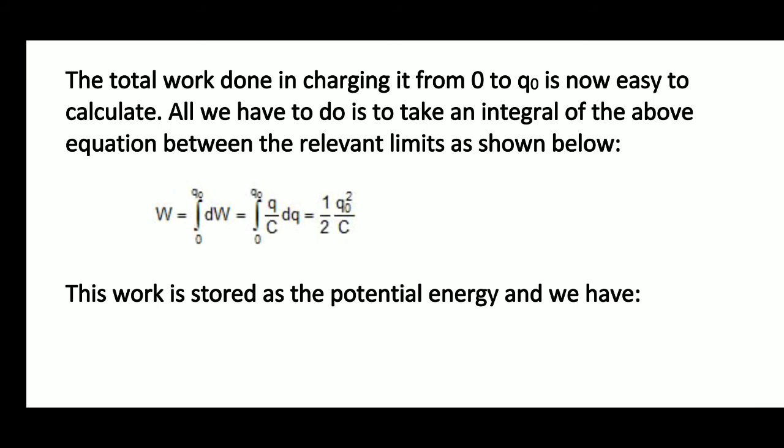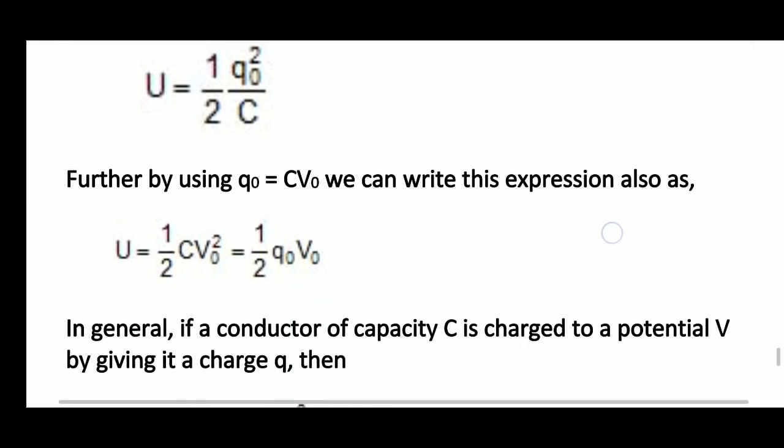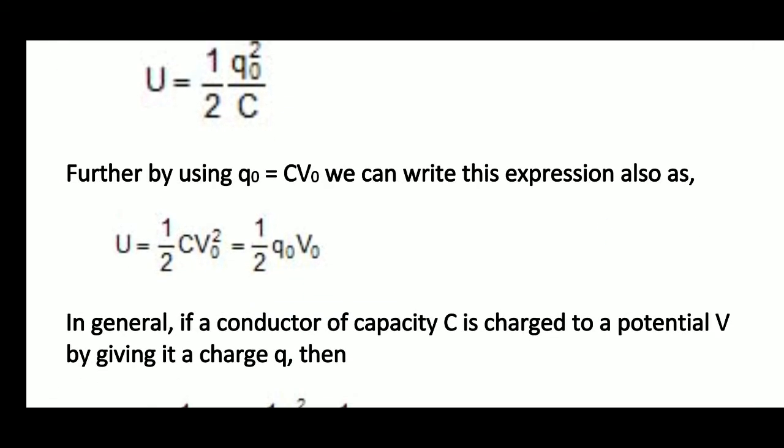You get W is equal to the integration of dW from 0 to Q0, that is equal to the integral of Q upon C dq from 0 to Q0, and that is equal to half Q0 square by C. This work is stored as the potential energy, and we have the formula U is equal to half Q0 square upon C. As we know Q0 is CV0, we can write this expression also in the form of half CV0 square or half Q0 V0.